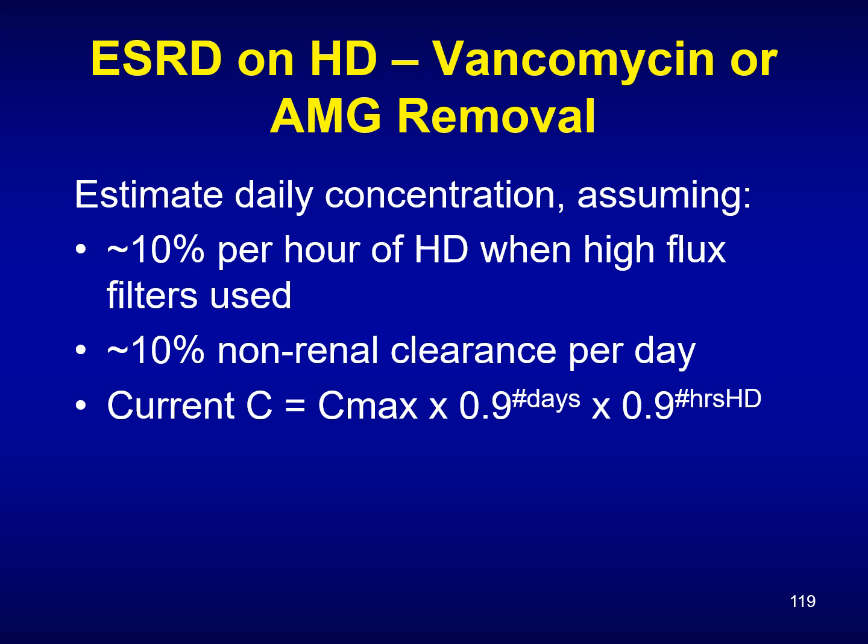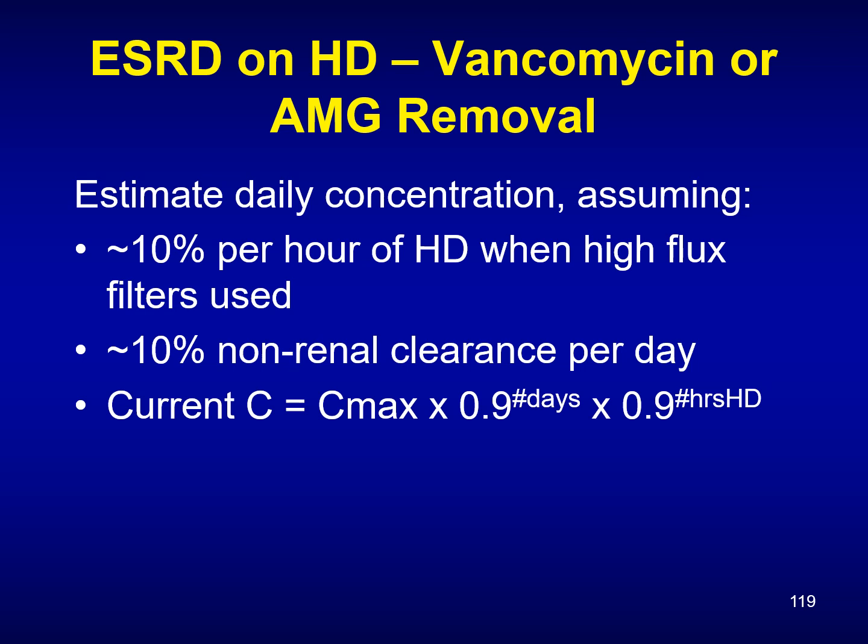So for a patient, their current concentration is equal to their Cmax, what they started off with, times 0.9, or 90% is left, to the exponent of the number of days that they have for non-renal clearance.